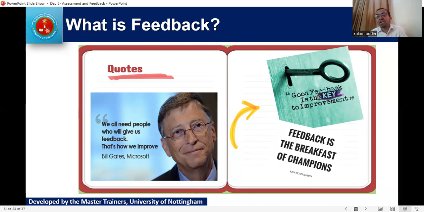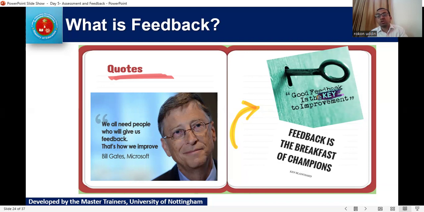So feedback is important. If you want to see your students become champions, you need to give a lot of feedback to them, enough feedback, specific feedback, and relevant feedback.